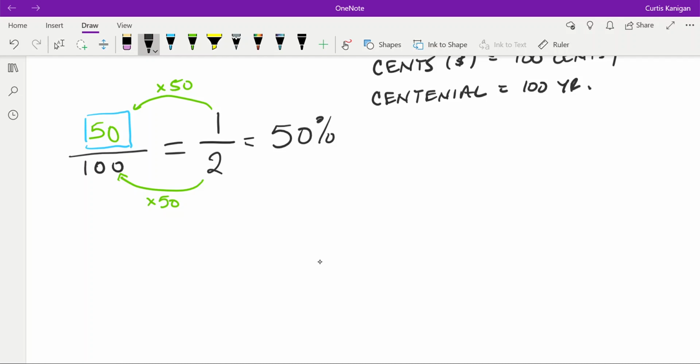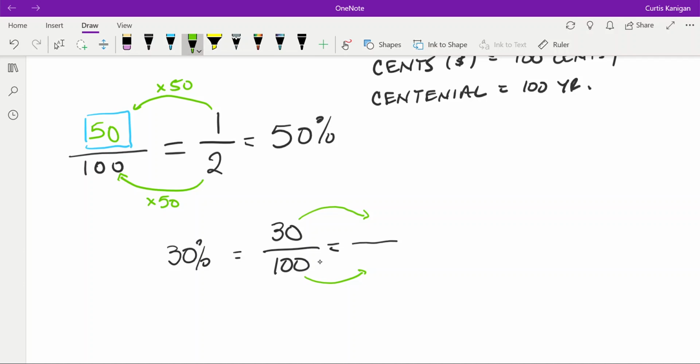Another way that you could look at this is something like this. Let's say we had 30 out of 100. We know that out of 100 is percent. So we've got 30% equals 30 out of 100. And we can also reduce this to an equivalent fraction, and to its lowest terms, in fact.